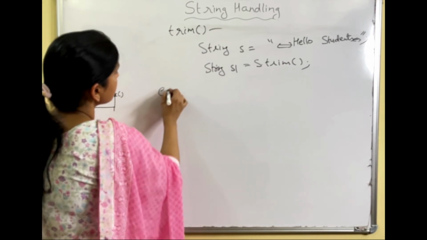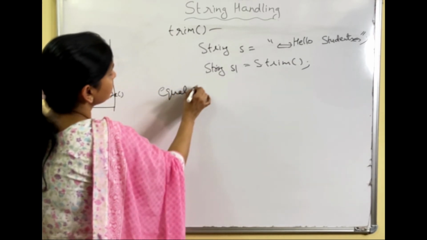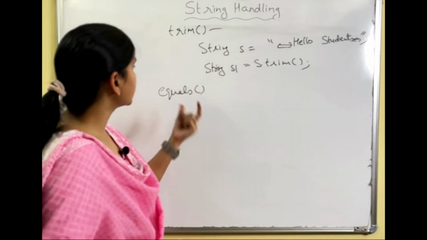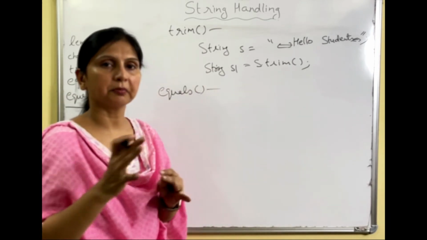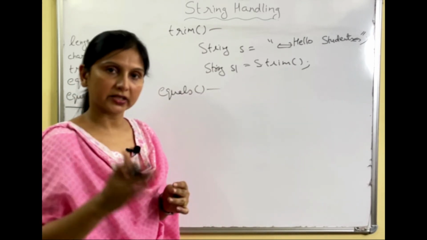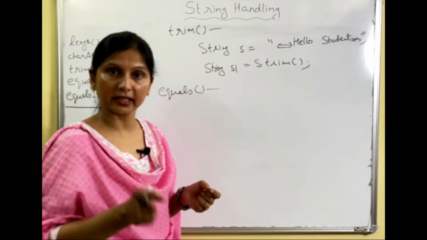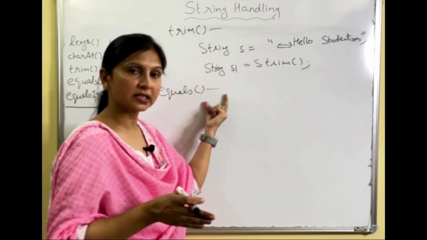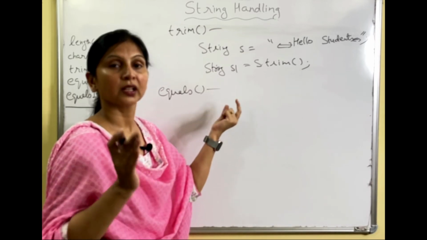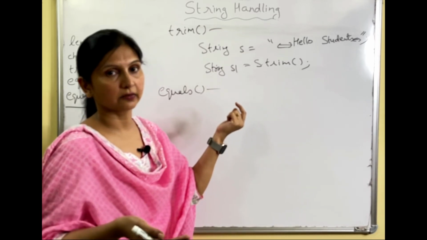Now the next is equals. As the name indicates, equals compares two strings. It checks whether the two strings are identical or not. If they are identical, it returns Boolean true. Otherwise, it returns false.